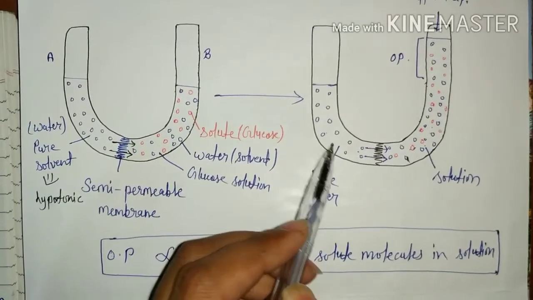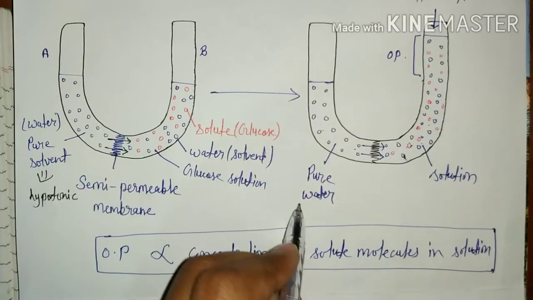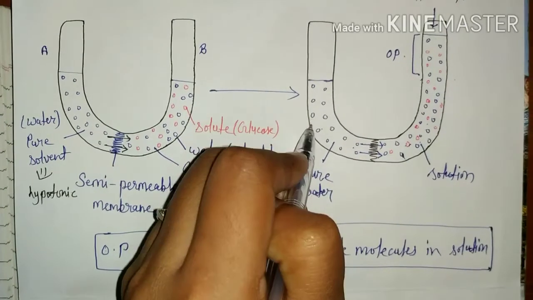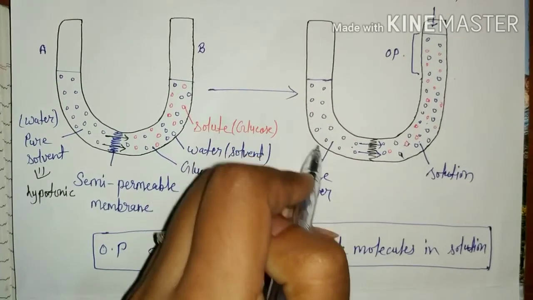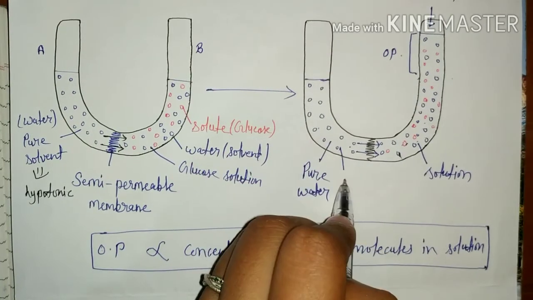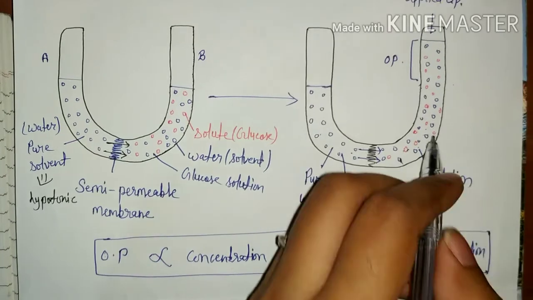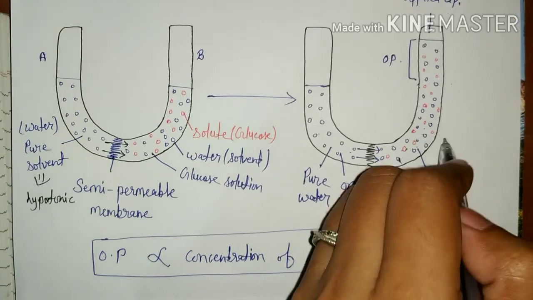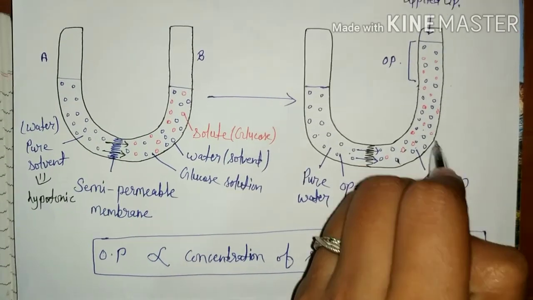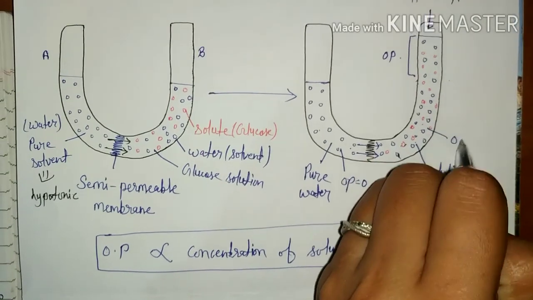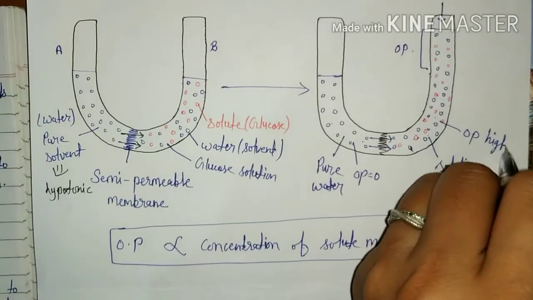Osmotic pressure of pure water is 0 and osmotic pressure of a solution is high.